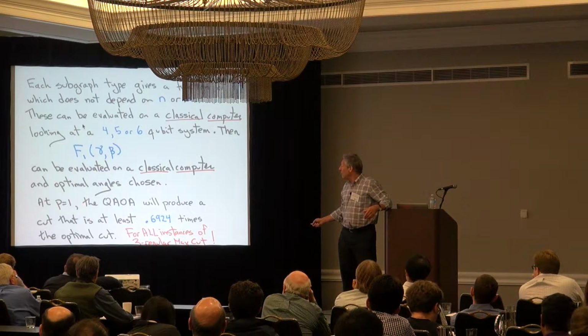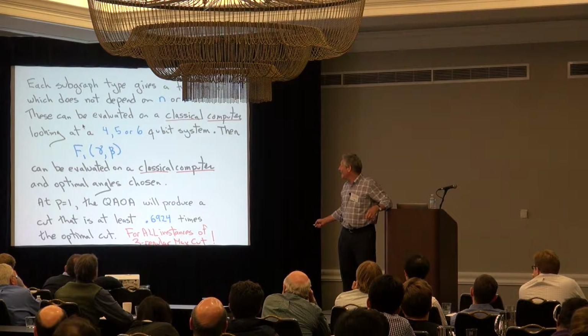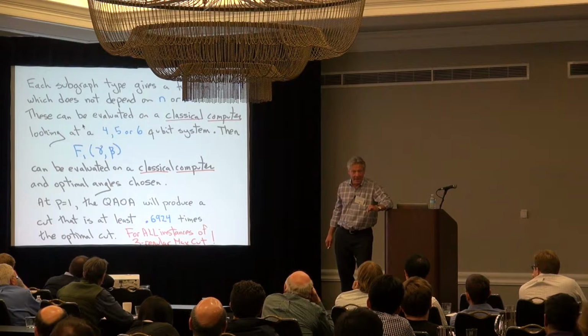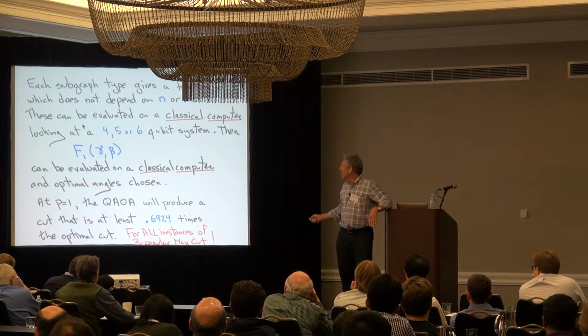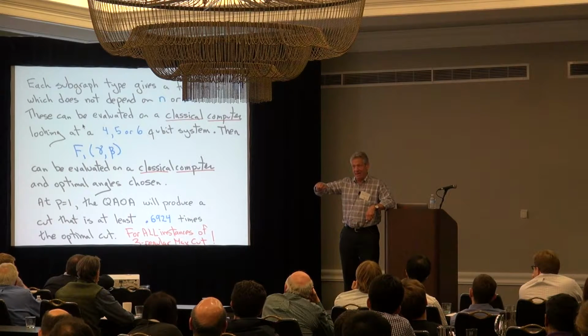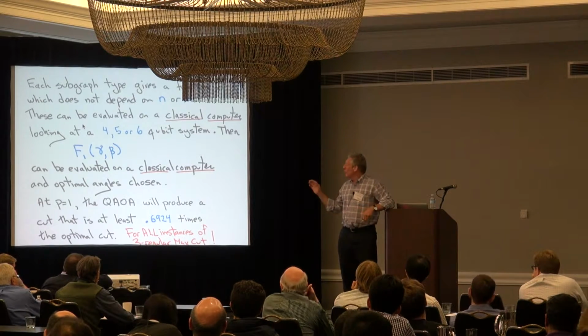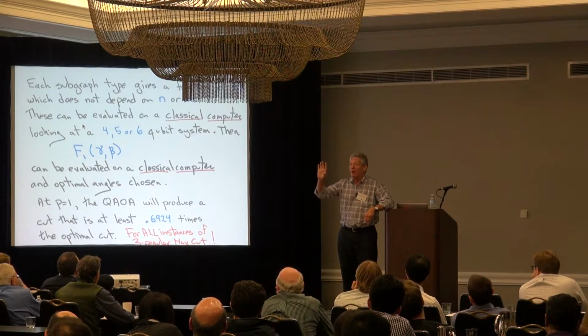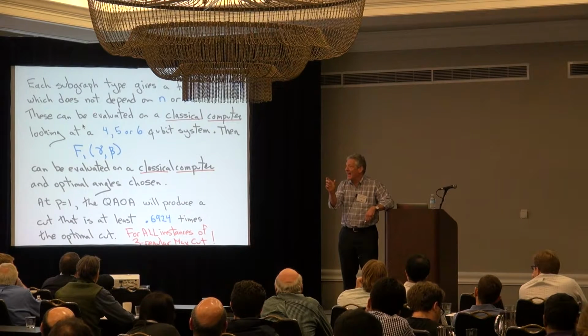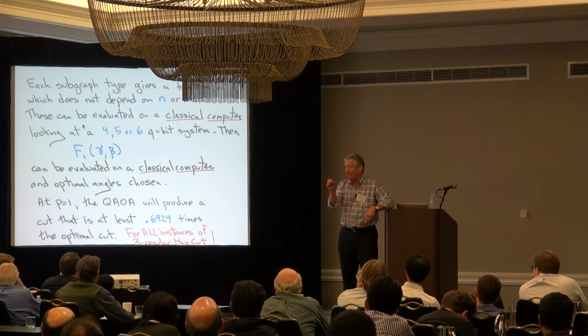And at p equals 1, the QAOA will produce a cut that is at least 0.6924 times the optimal cut. Now, in order to see that, I would also have to show you how we put a bound on the denominator. We can upper bound the denominator by counting the number of those subgraphs, because if the subgraph has a little triangle in it, then you can't have a perfect cut.